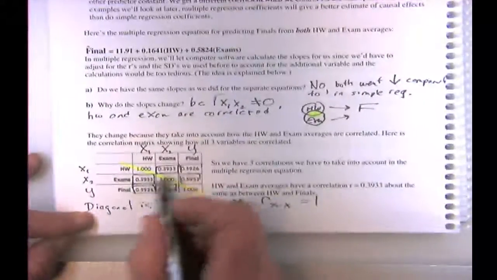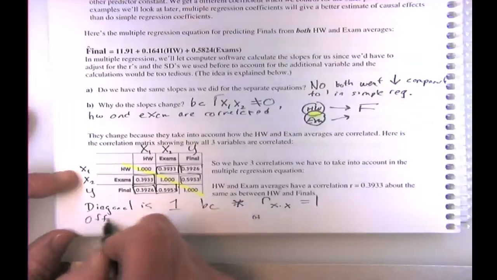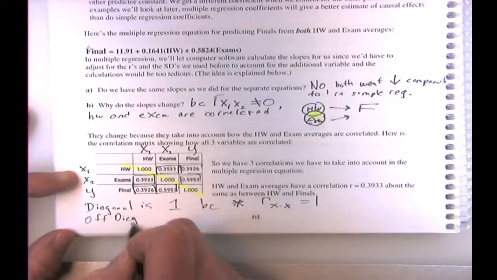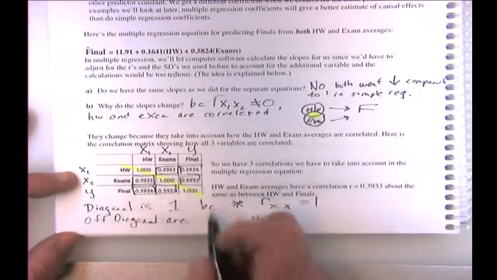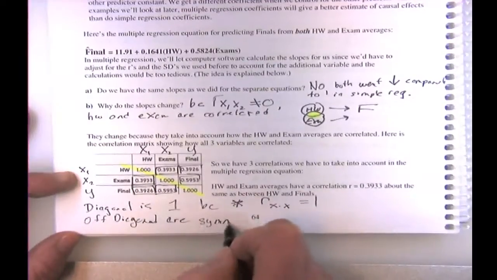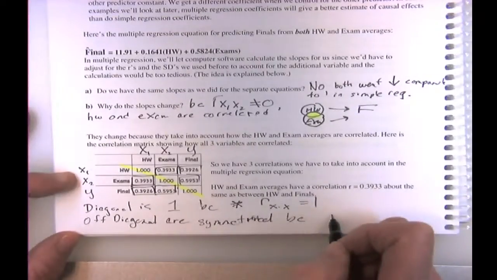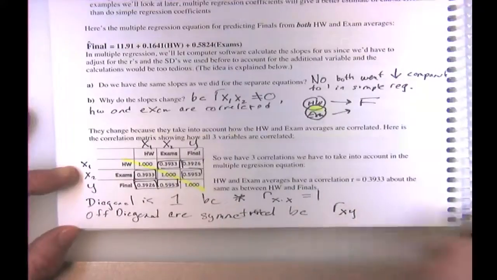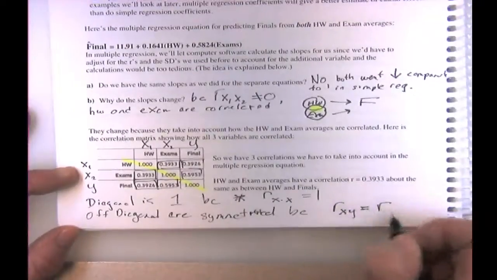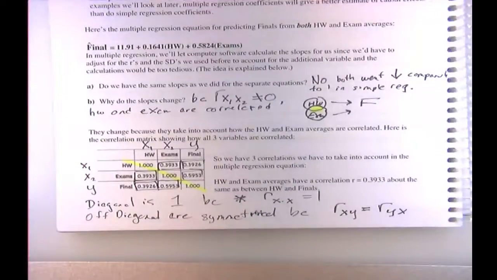Now, the off diagonals are equal, are symmetrical, because the correlation between X and Y, or X1 and X2, is the same as the correlation between Y and X. Does that make sense to everybody? Does it?